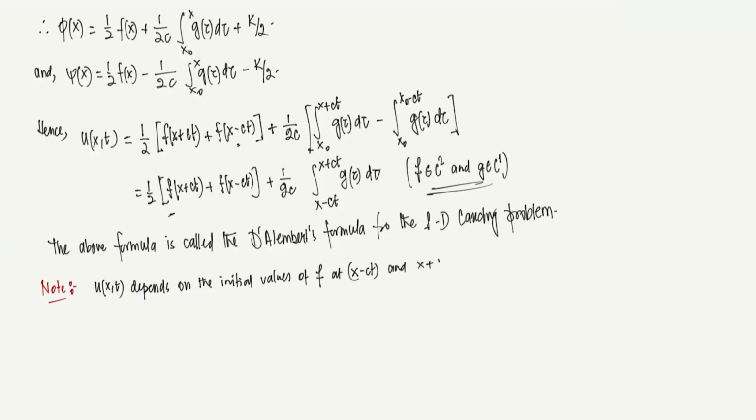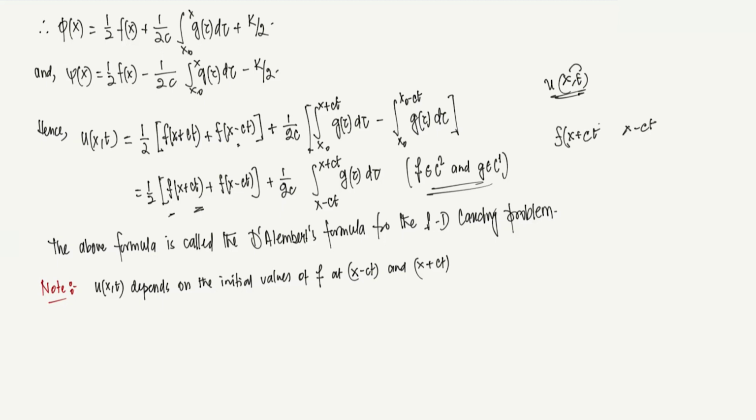See, this small c is given to us. Now, I want to find out what happens to u at the point x, t. The first part is f of x plus ct plus f of x minus ct. If x and t are given to us, we know what x plus ct is, and we know what x minus ct is.